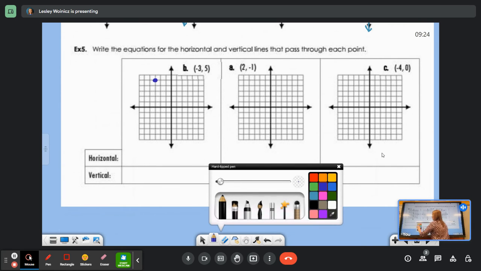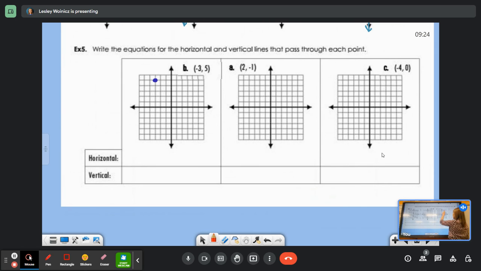So if I want the horizontal line that goes through that point, keeping in mind what we just did up above, is it going to be a y equals equation or an x equals equation? Y equals what? How high is it? 5. Do you see that that's the y coordinate of my point?